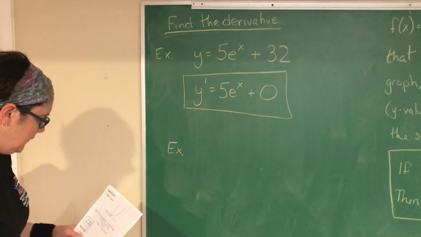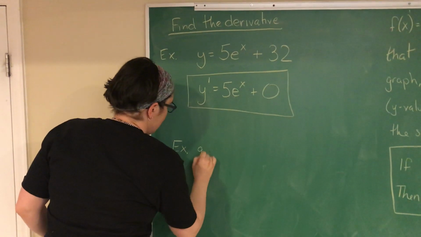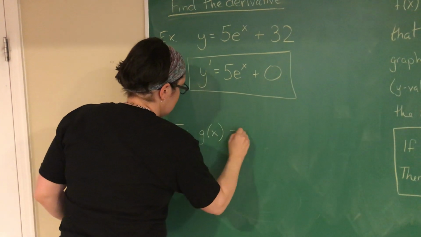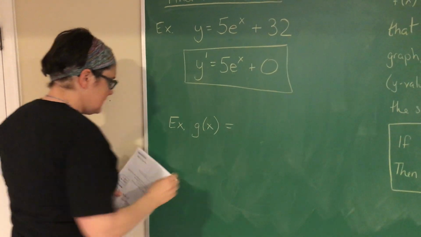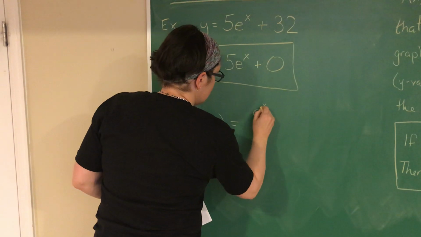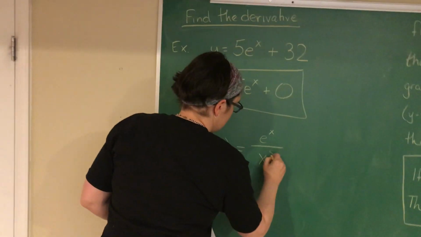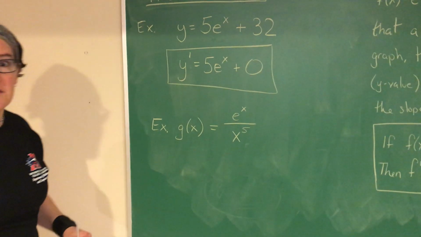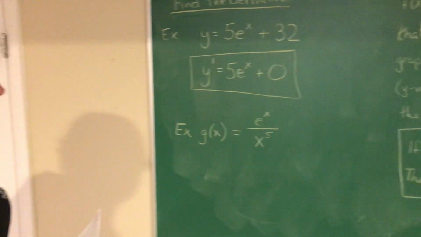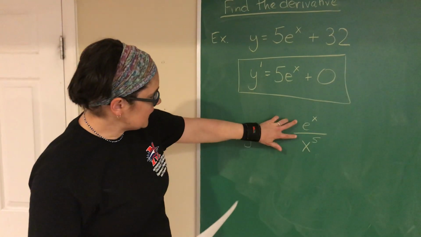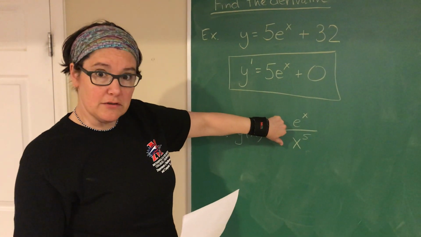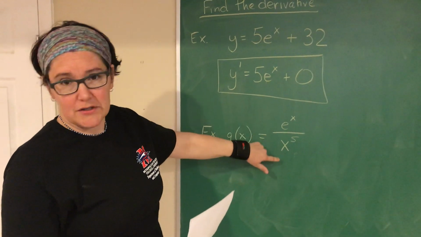A second example: maybe we have a function named g, and g of x is equal to e to the x divided by x to the fifth, and we want to find the derivative. The first thing I notice is that I have division, so I have a high function and a low function.